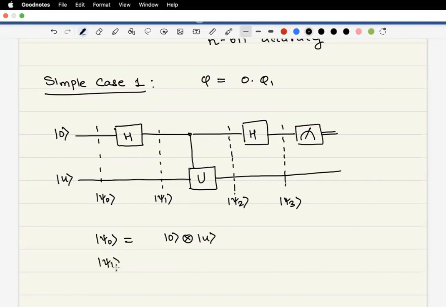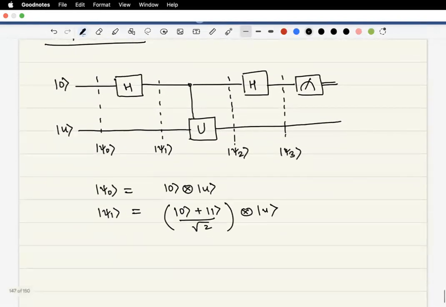Psi 1 after the application of the Hadamard gate will be 0 plus 1 over square root of 2 tensor u, which I can write as 0 tensor u plus 1 tensor u over square root of 2.